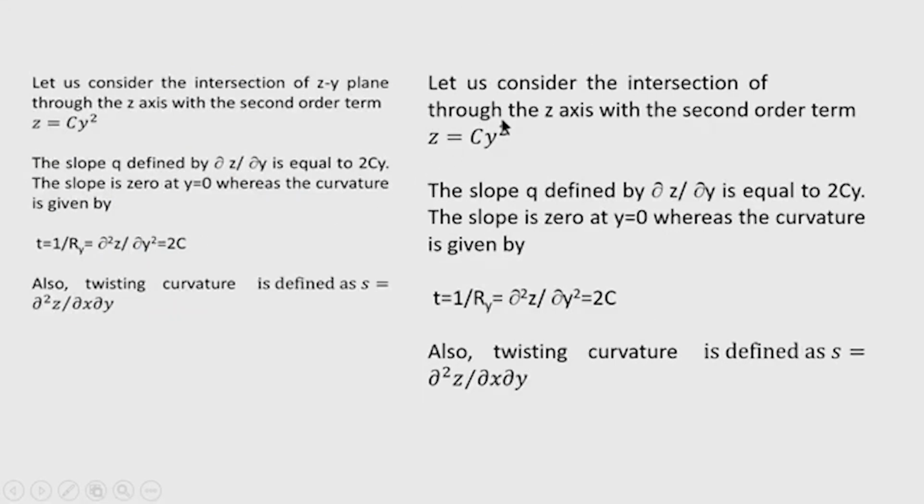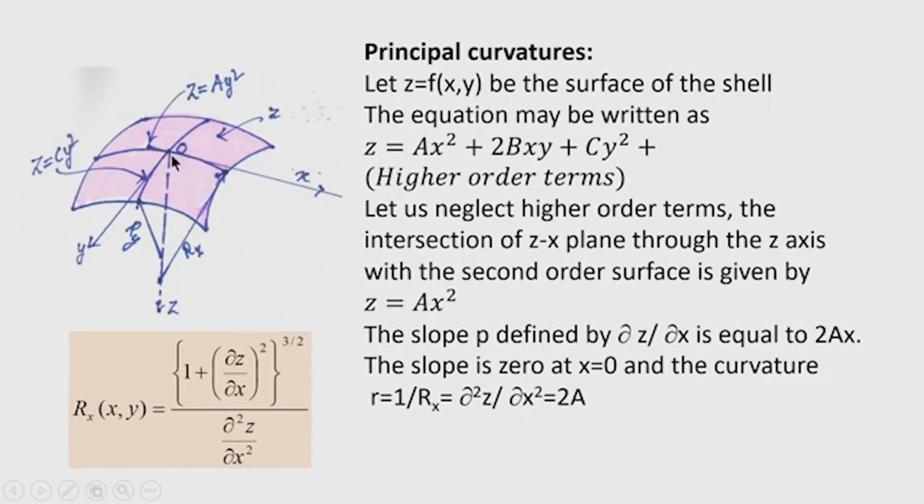If I now consider the z y plane through the z axis, then in this plane x is 0. Therefore, here the equation will be represented by z is equal to c y square, instead of x it will be y square.